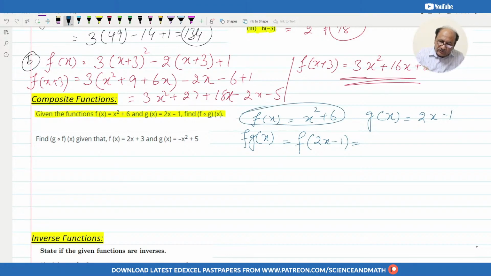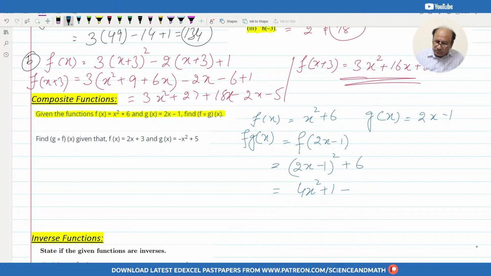Now we will use this f of x definition, and in this f of x we will be replacing x by 2x minus 1. So we can rewrite it as, instead of x squared, we will write 2x minus 1 squared plus 6, and now we can open the square, and if we open the square it will be 4x squared plus 1 minus 4x.